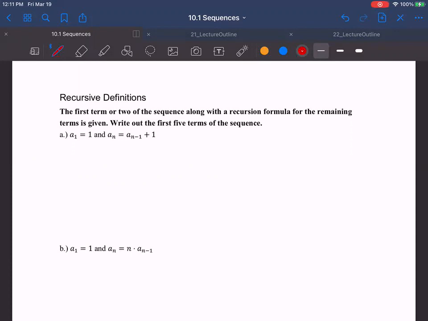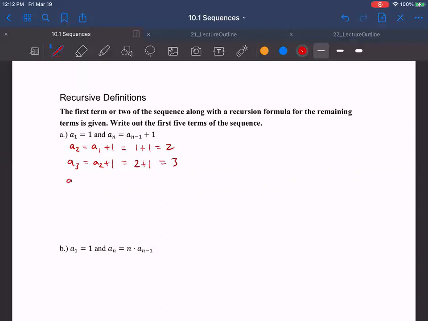So A2 equals A1 plus 1, which is 1 plus 1, which is 2. For A3, it's A2 plus 1, which is 2 plus 1, which is 3.